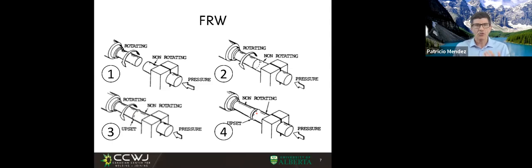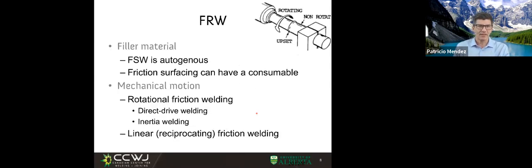And the joints you get with this process tend to be very, very good quality. Now, you're limited to circular sections in this case. This is autogenous. People have tried friction surfacing, which I don't even know if it is commercial, right? But essentially it's like chalk.